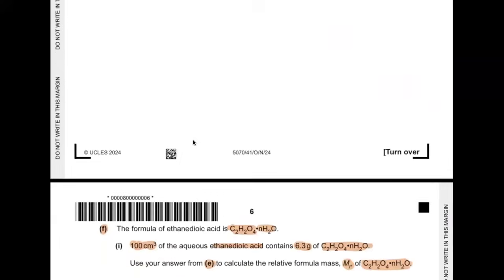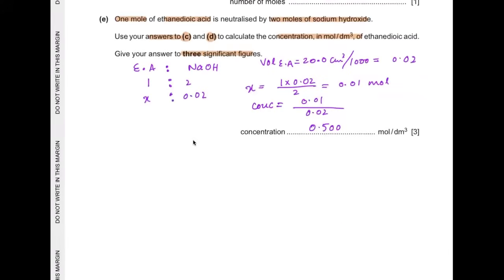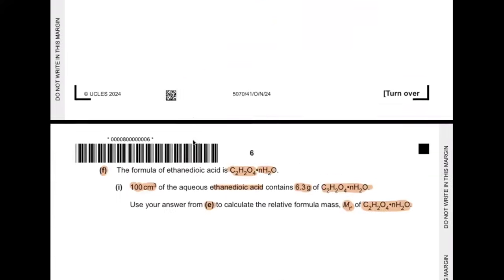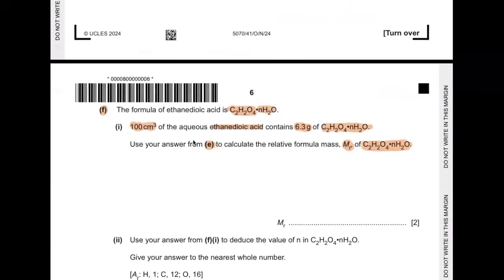What does concentration mean? These are the moles in 1 dm cube. It means these are the moles in 1000 centimeter cube. Is this understandable? That 0.500 moles are in 1000 centimeter cube. Is this clear? Yes.